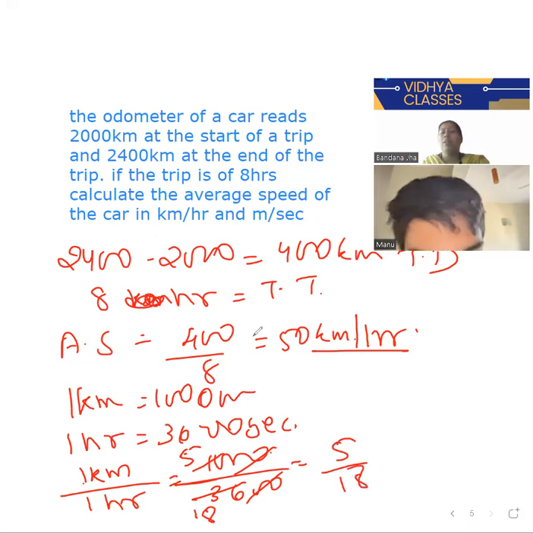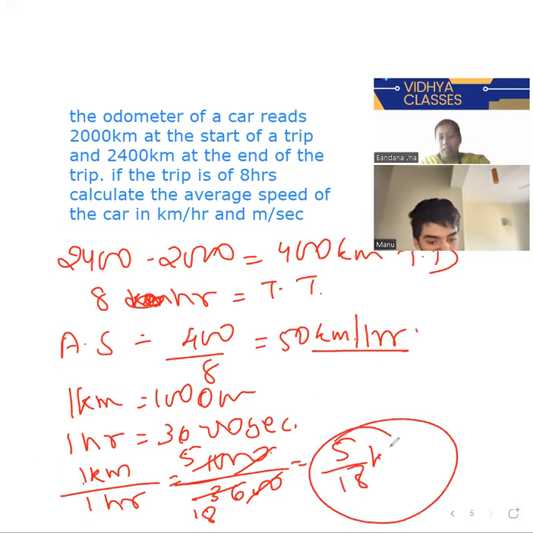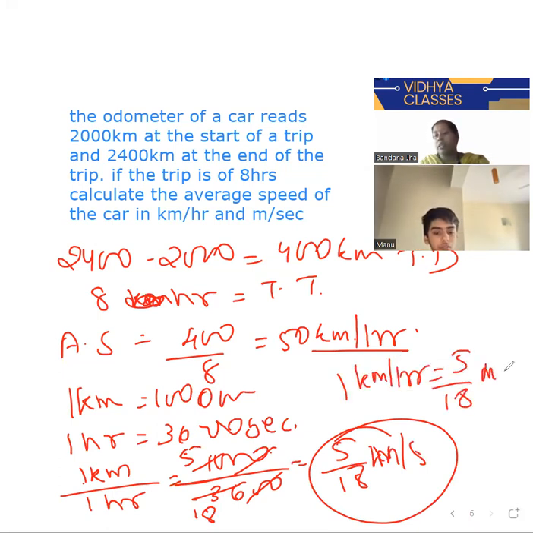The answer is just to remember this value: in meter per second, 1 kilometer per hour is equal to 5 upon 18 meter per second. This is the value that you have to remember.